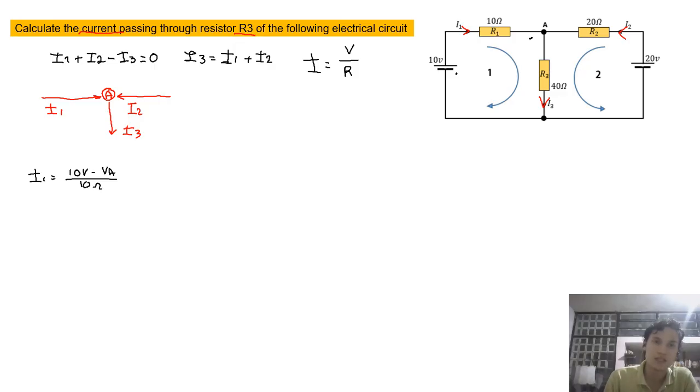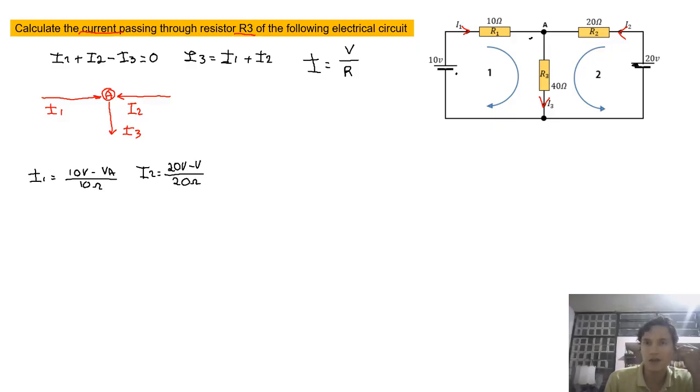In the case of the second current, it will be equal to this battery and the point A. So 20 volts minus VA over the resistance, which is 20 ohms.